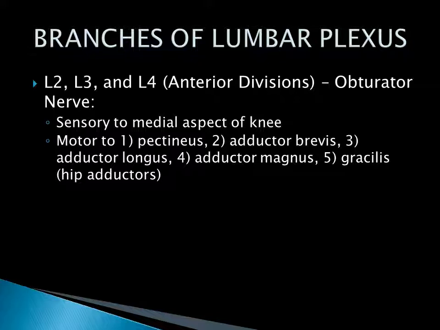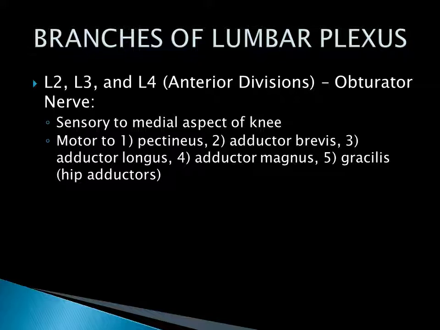It is sensory to the medial aspect of the knee, and it's also supplying motor fibers to hip adductor muscles, including the pectineus, the adductor brevis, the adductor longus, the adductor magnus, and also the gracilis. And those are known as the 5 groin muscles.